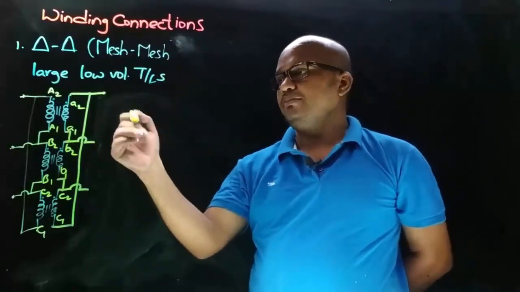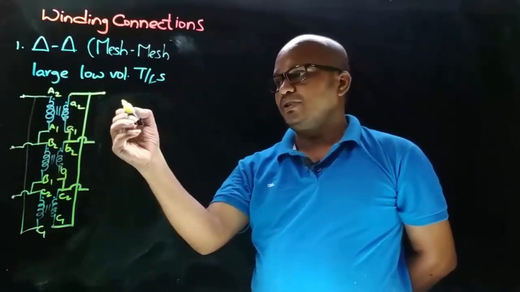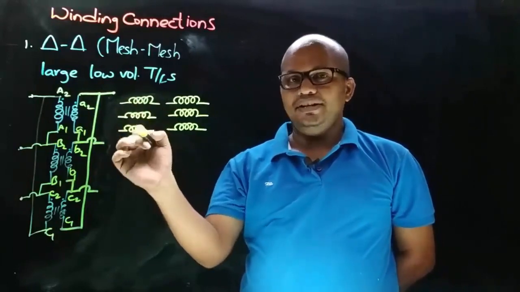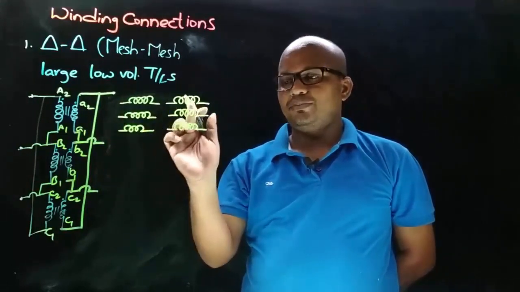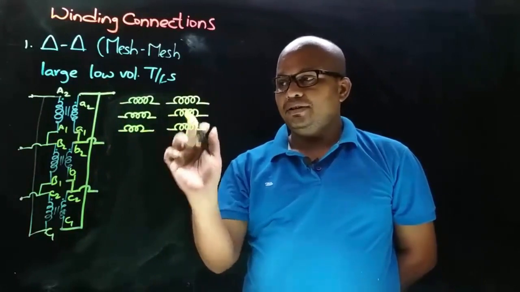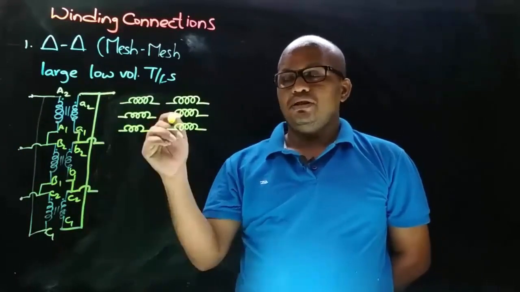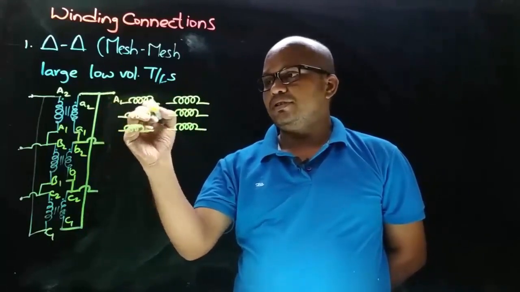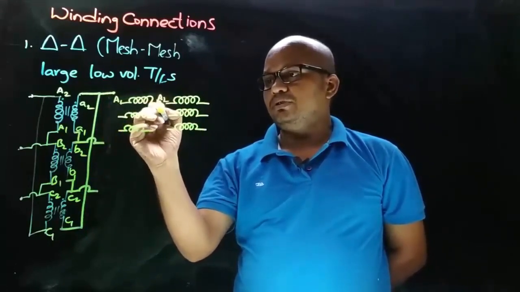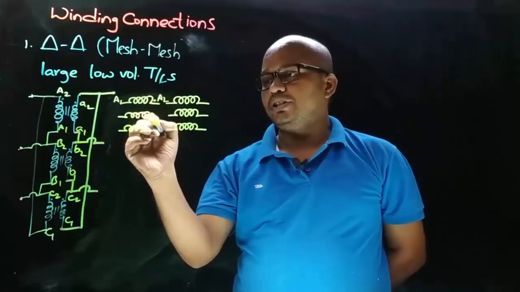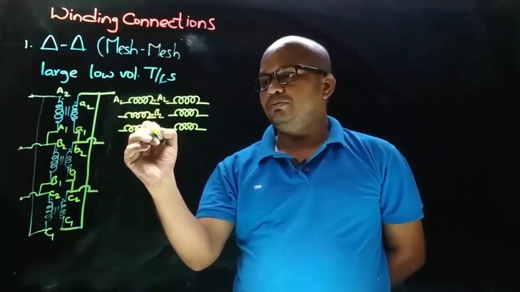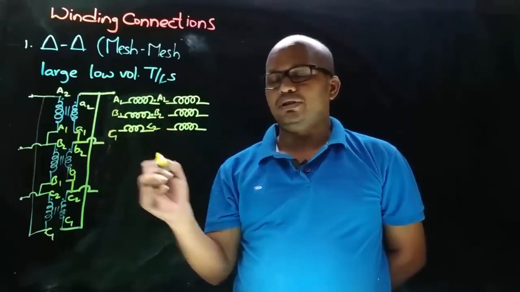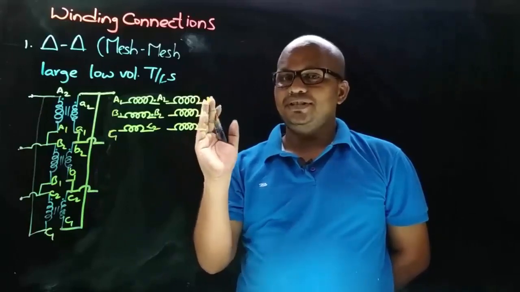And to understand phasor diagram, let's arrange these windings in horizontal fashion. So let us suppose these 3 are the HV side 3 windings, and let us suppose these 3 are the LV side 3 windings, and as HV side terminals are represented in caps, so this is A1 and this is A2, and A2 terminal means this is the dotted end terminal, so this is B2 and this is C2, so B1 and C1, and LV side windings are represented in smaller cases.